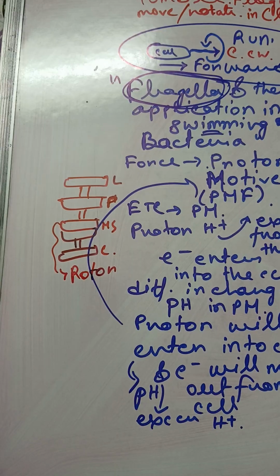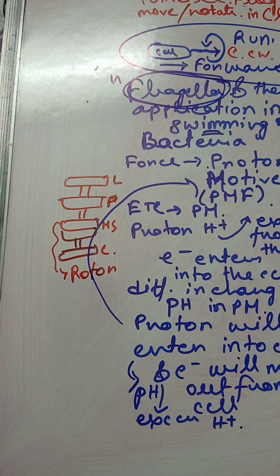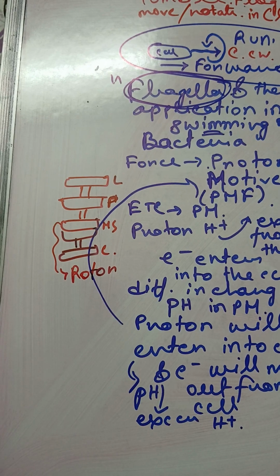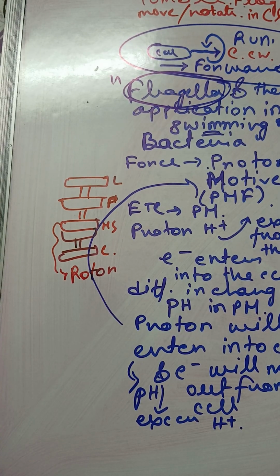Like a pump. We all have a pump in our home, because during the suctioning process of the water from a reservoir to the tank, you need a pump, right?